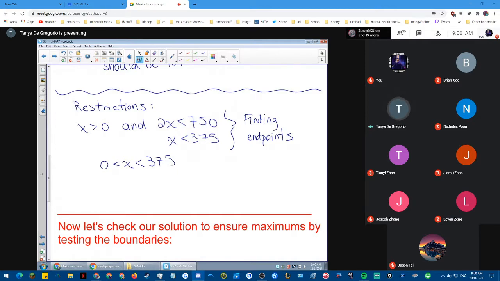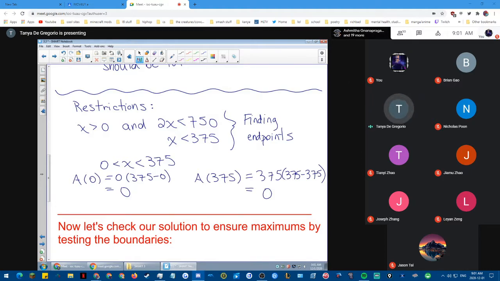That's what we're trying to maximize. So I'm gonna find A at 0, and I'm gonna see what it equals. And I'm gonna find A at 375, and I'm gonna see what it equals. So go ahead and tell me what we get here. If I sub 0 into A, what do I get? You get 0 and 0.